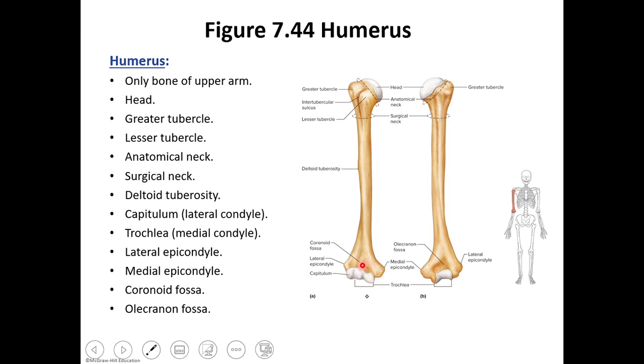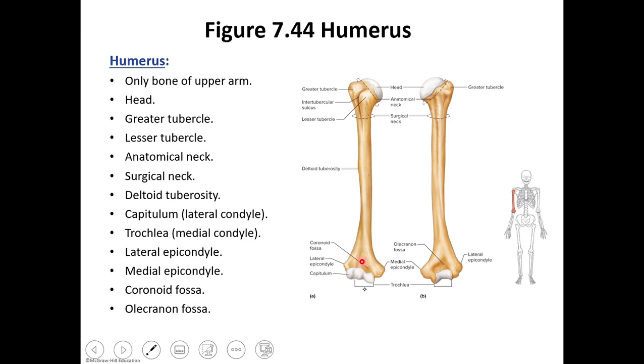So the articular structure here, the white part that actually articulates with the ulna, this part here is the medial condyle, and this part here is the lateral condyle. But they go by different names too. So the medial condyle can be called the trochlea, and the lateral condyle can be called the capitulum.